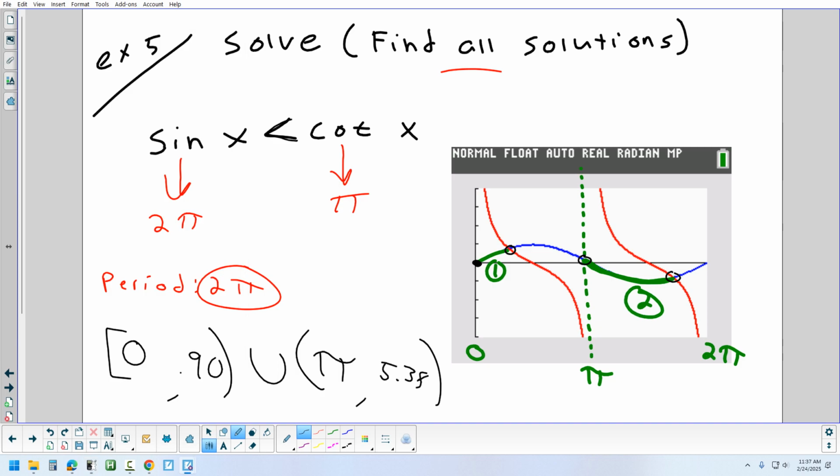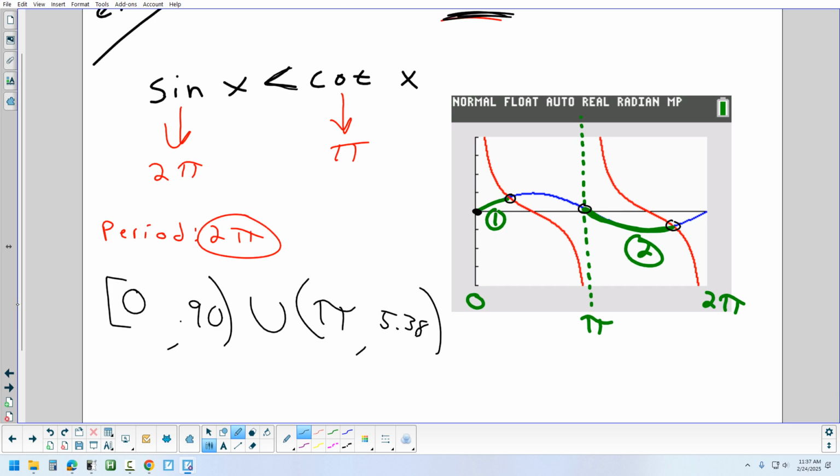Now, what we haven't done yet is that. All we've done is find the 2 intervals in the first cycle. How often are these 2 intervals going to repeat? Every period. So we can put a plus 2 pi n on that entire interval and on that one.